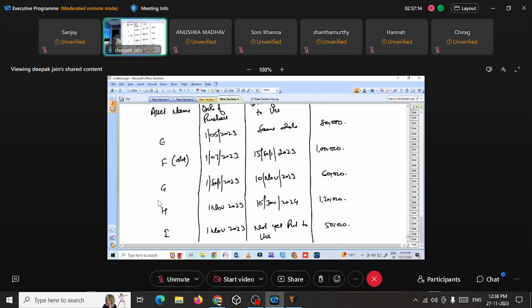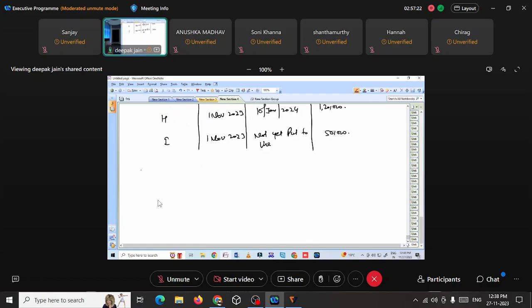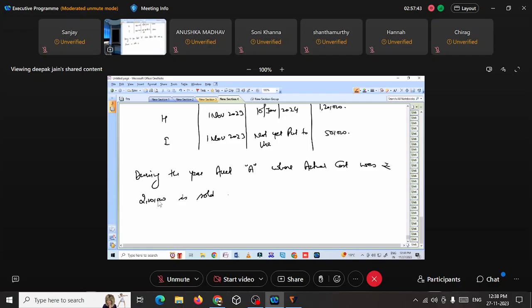Have you written it, beta? Yes, sir. Now, during the year, asset A, whose actual cost was rupee 2 lakh, is sold out for a sum of rupee 3 lakh.